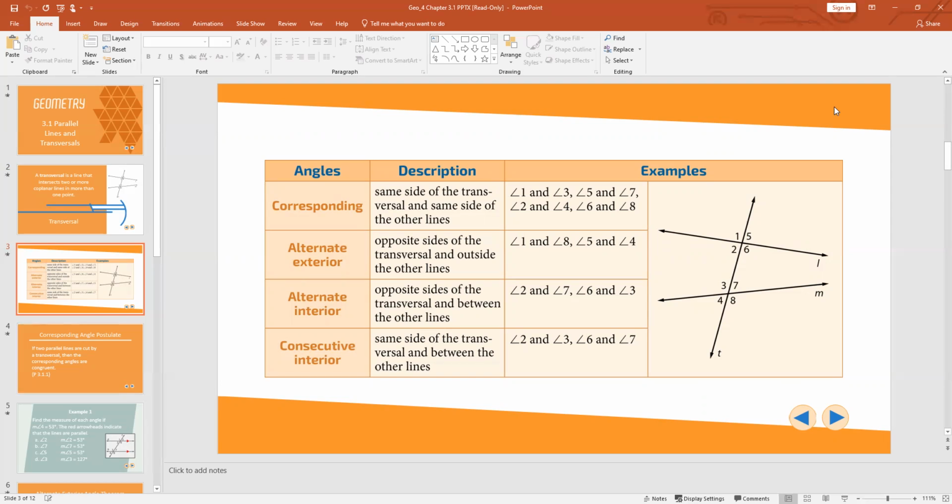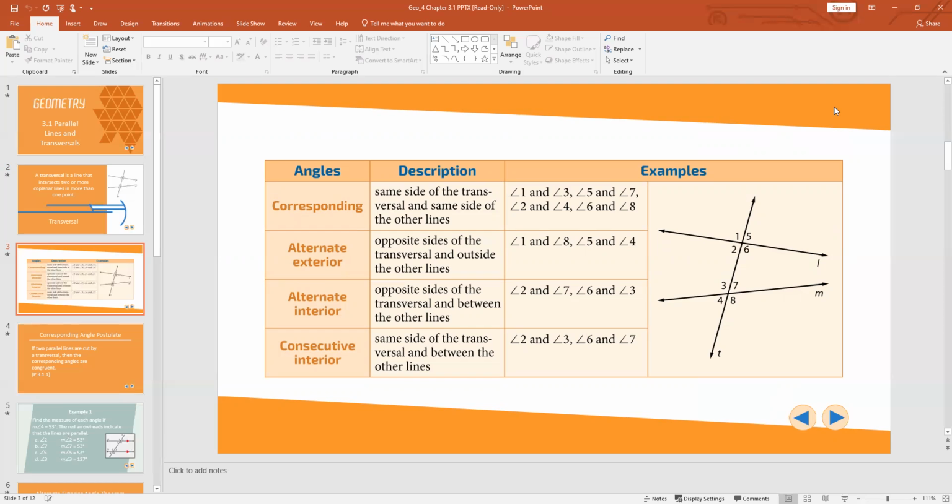So 1 and 3 are both on the left side of the transversal, and they're on the same side of the other two lines. They're both on top. So they take up the northwest quadrant of both of these intersections, right? And the same thing with 5, 7, 6, 8, and 2 and 4. So those are called corresponding angles.